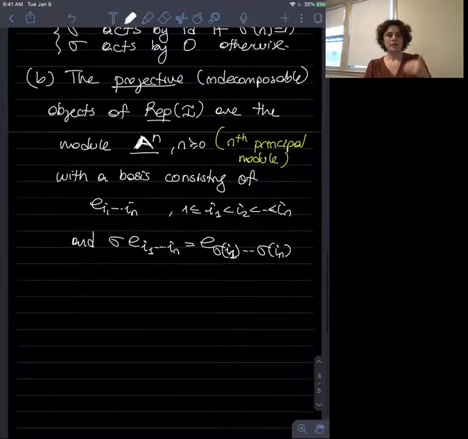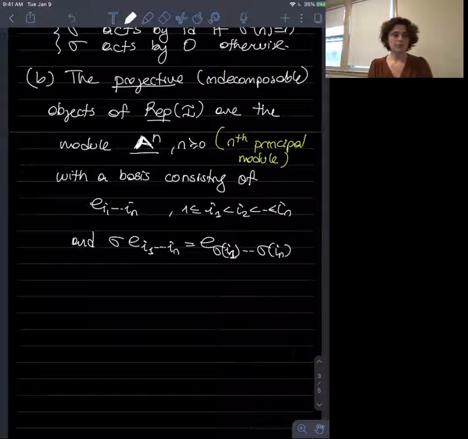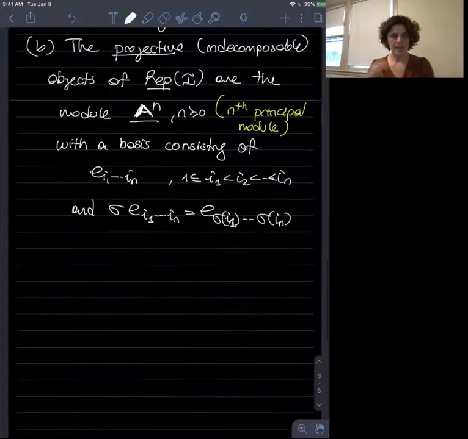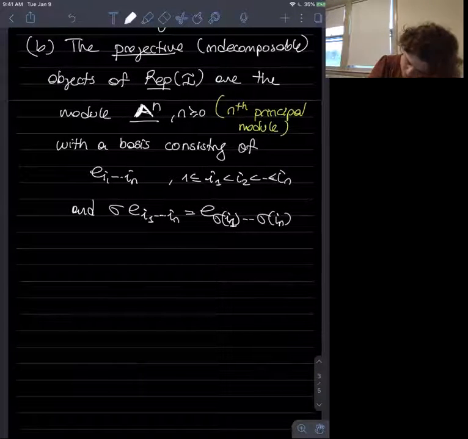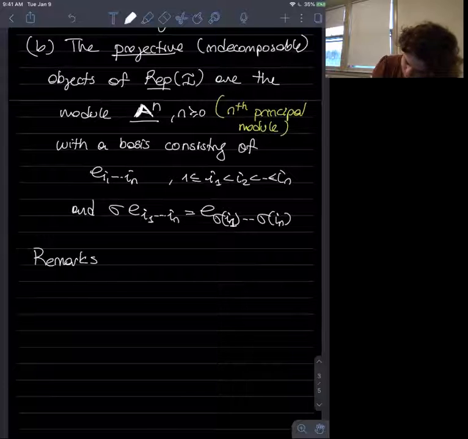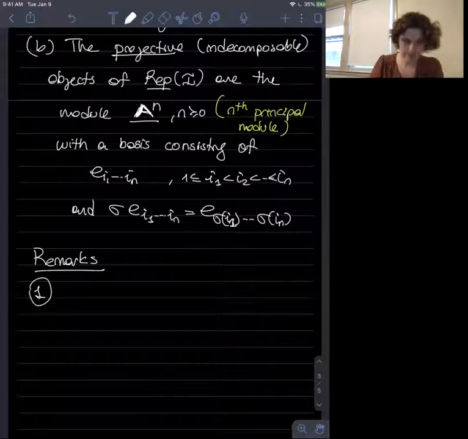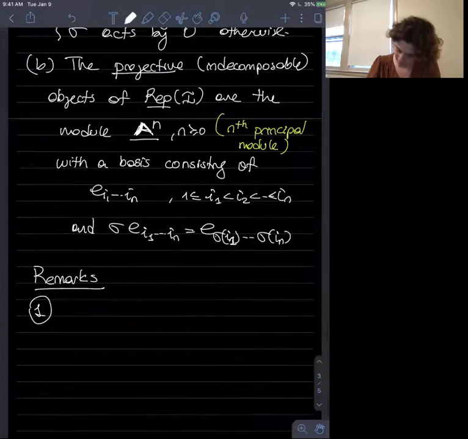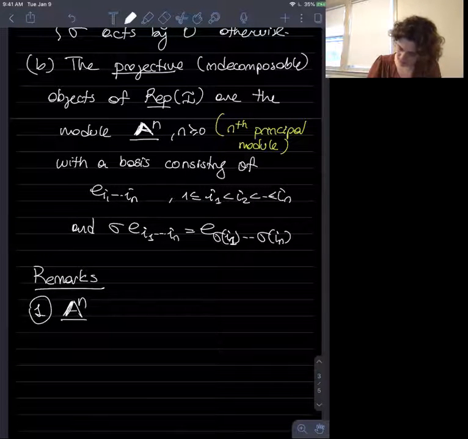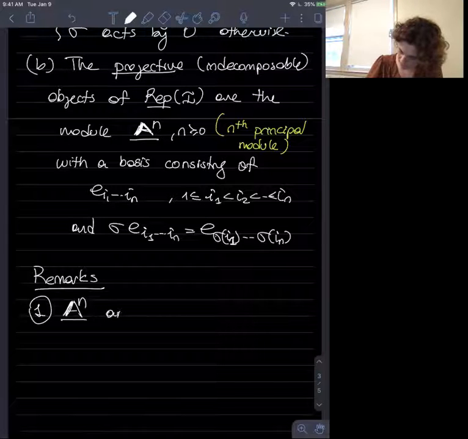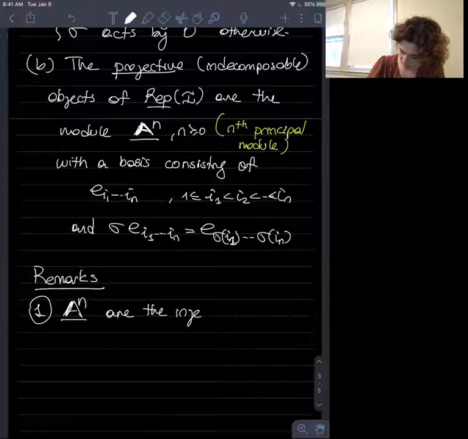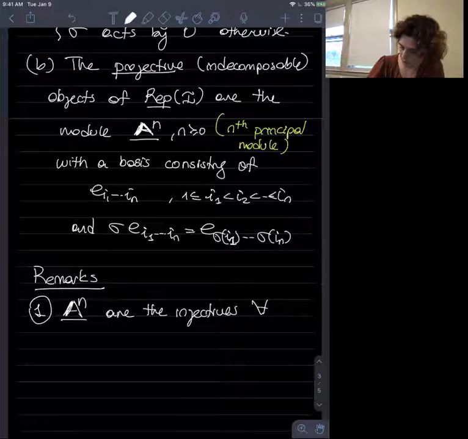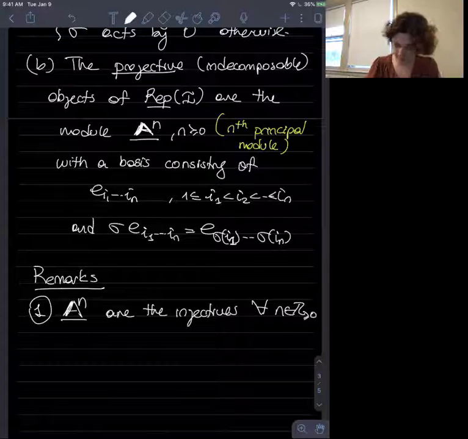Okay, so now I'd like to list a couple of important results, observations about these monomial modules, and then I will introduce the next one. So some remarks, some results, facts. The first one is about the principals. These principal modules are the injective modules as well, for all non-negative integers n.